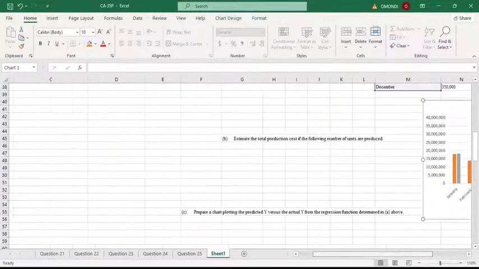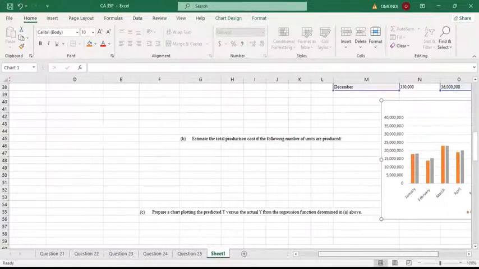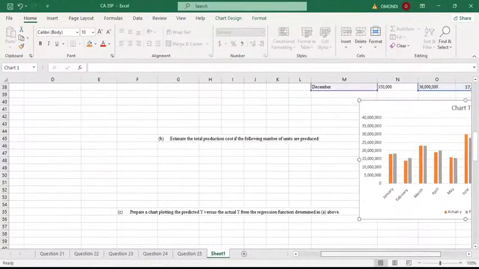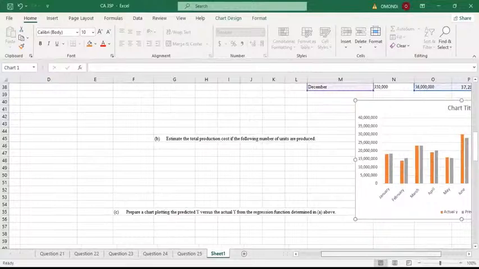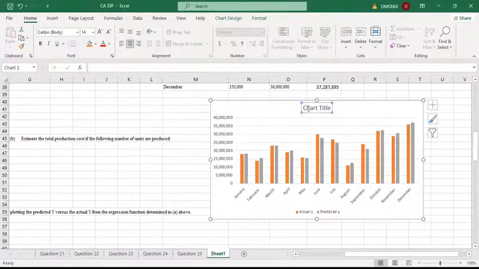Of course, if you're now told to plot a chart from the regression function determined in A above, we've already plotted a chart. And of course, your chart now must have a title. So you indicate a title of your choice. A chart must relate to the information there.